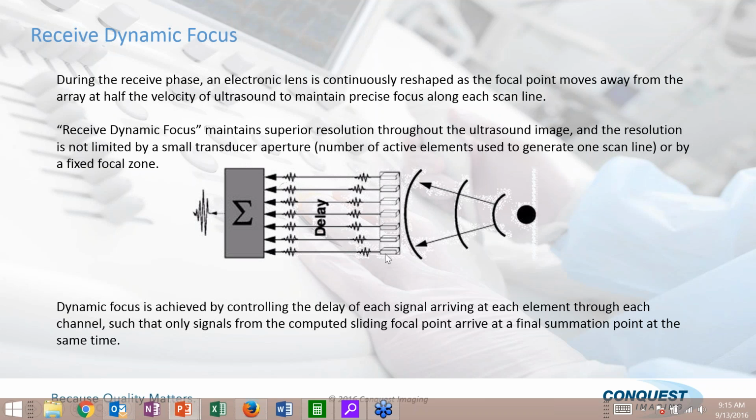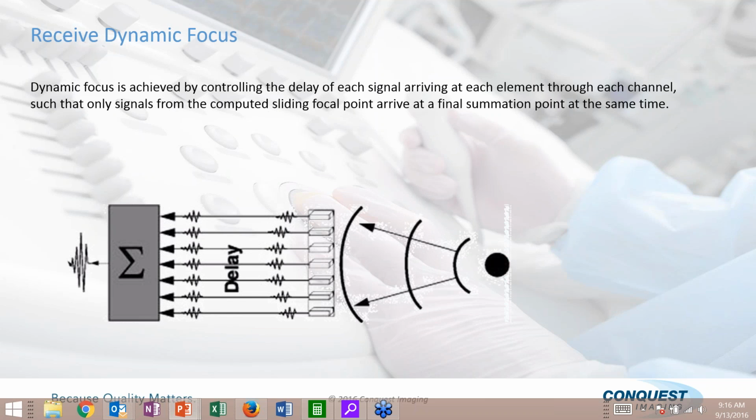They come back and hit these crystals at various times. We use a delay to get all these received signals in sync, so they're all coming back at the same time. We're controlling the delays on these received signals to ensure that the system is processing all these signals at the very same time.